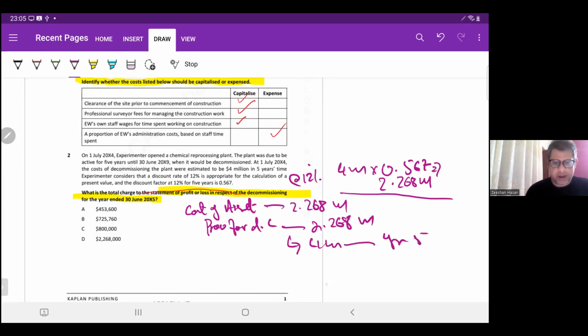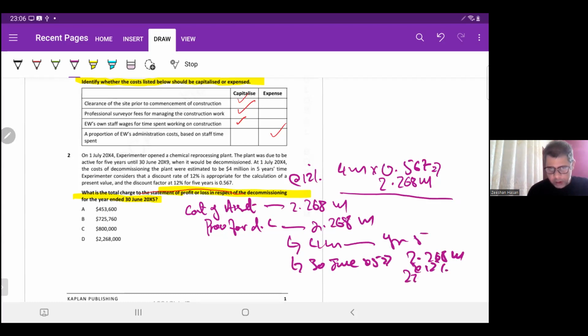This is done by charging a finance cost each year, charged at the cost of capital of 12% and applied to the balance of the provision account. The finance charge for the year to 30th June X5 is 2.268 million times 12%, which gives 272,160.